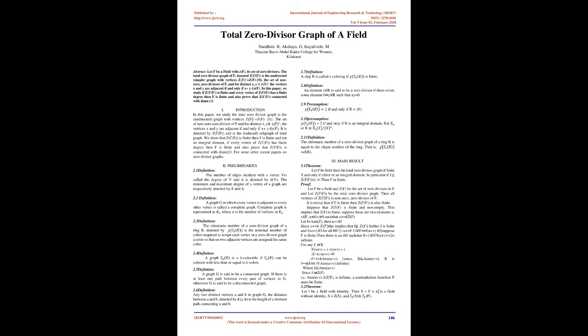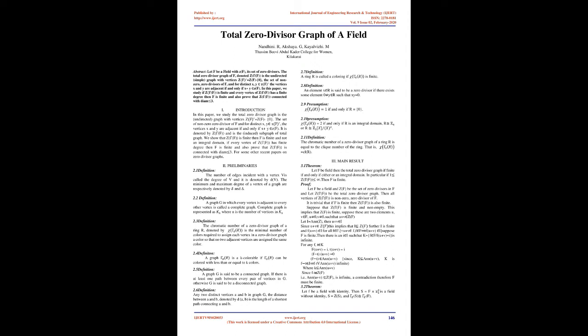2 Preliminaries. 2.1 Definition. The number of edges incident with a vertex v is called the degree of v, and it is denoted by d(v). The minimum and maximum degree of a vertex of a graph are respectively denoted by δ and Δ. 2.2 Definition. A graph G in which every vertex is adjacent to every other vertex is called a complete graph.